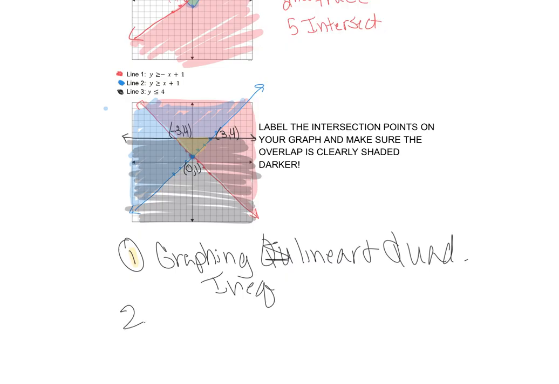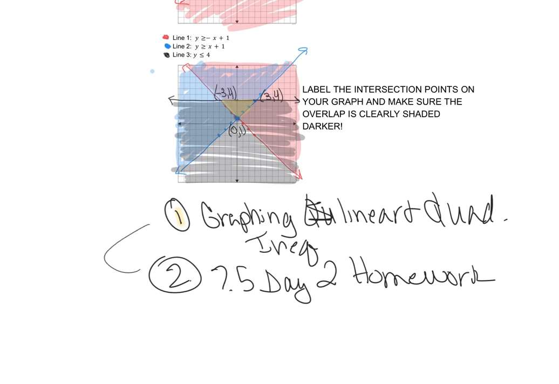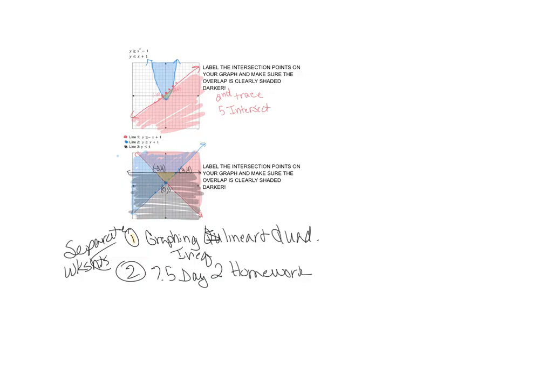And then the second assignment is a separate page, and it's called 7.5 day 2 homework with systems of inequalities. So there are 2 separate worksheets that need to be finished and completed. And you will have time tomorrow to finish those and work on them if need be. So get done with what you can get done today, and you can have some time tomorrow as well.